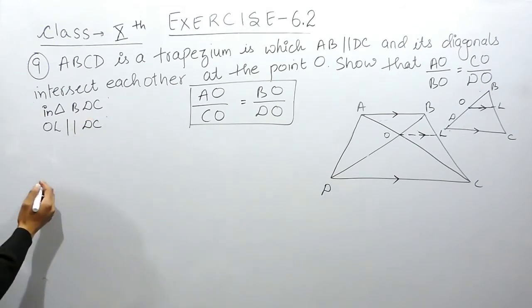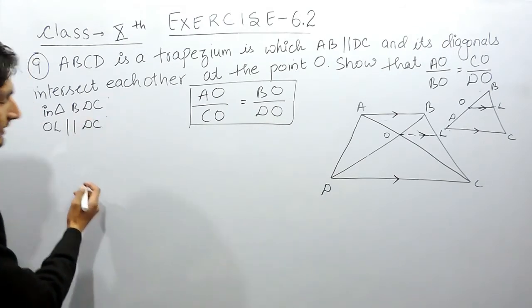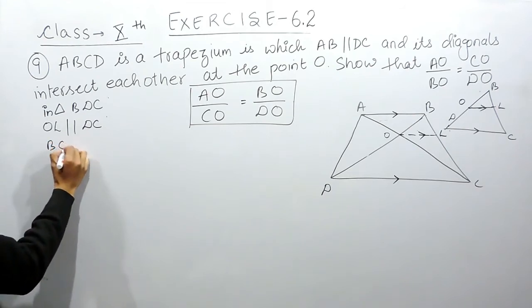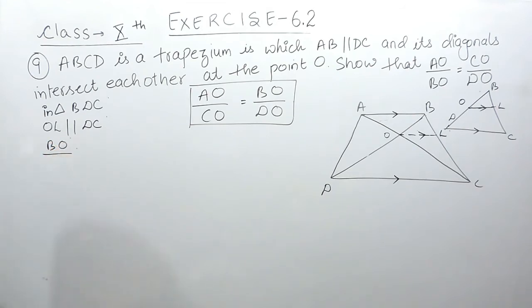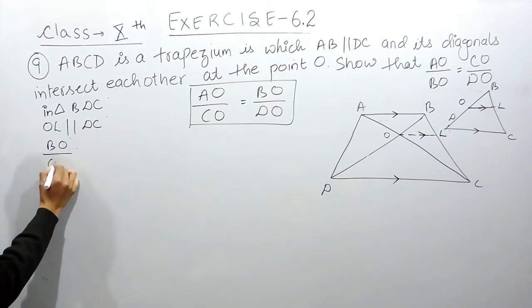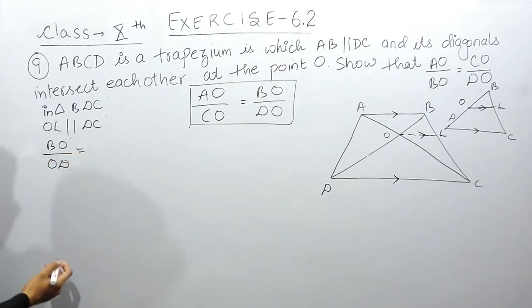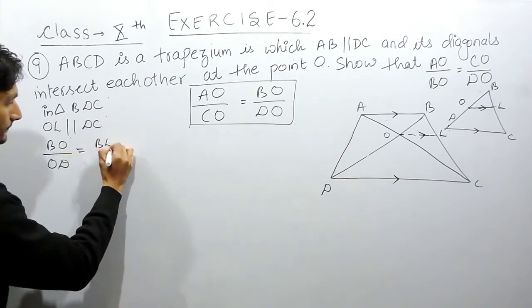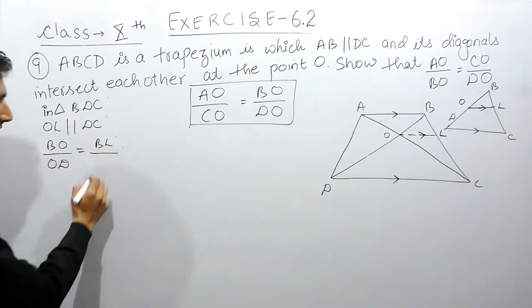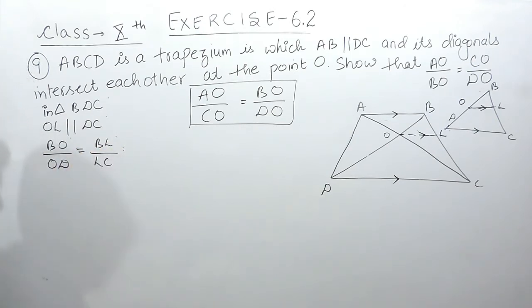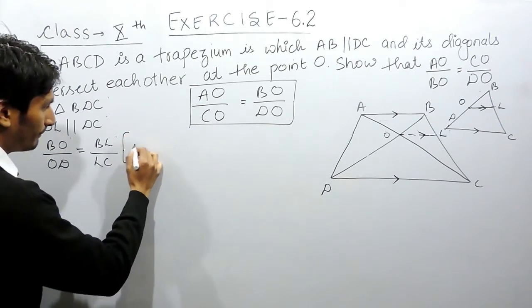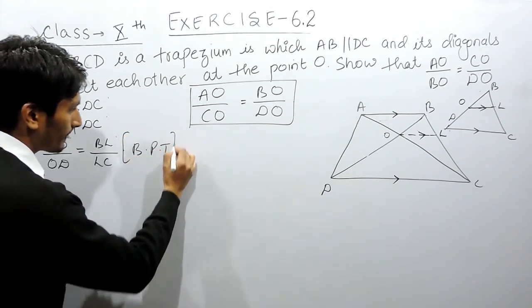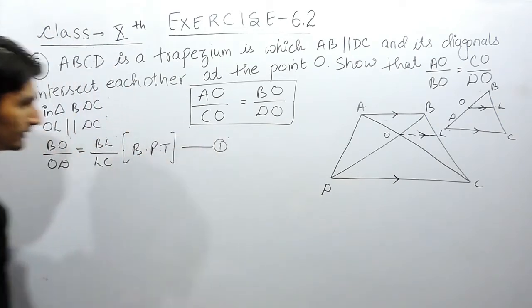Therefore, it must cut the other two sides in equal ratios. Means BO upon OD must be equal to BL upon LC. This is because of the basic proportionality theorem, and this is our first equation.